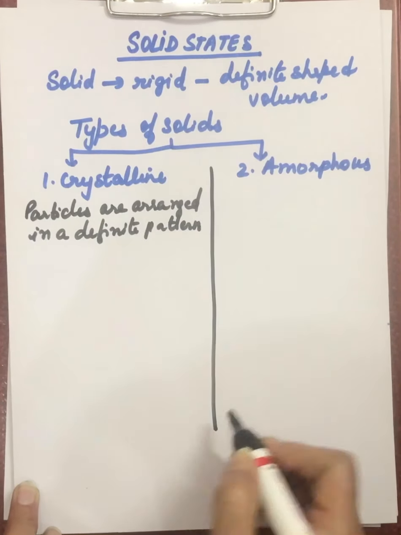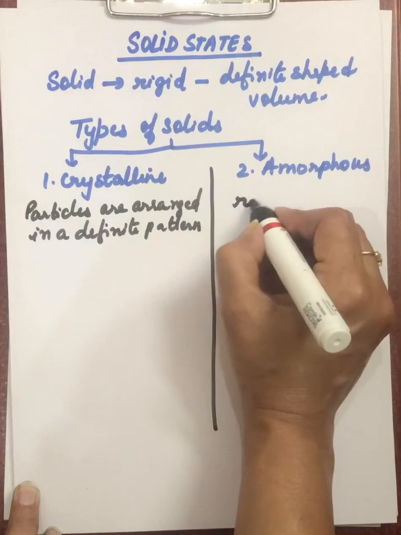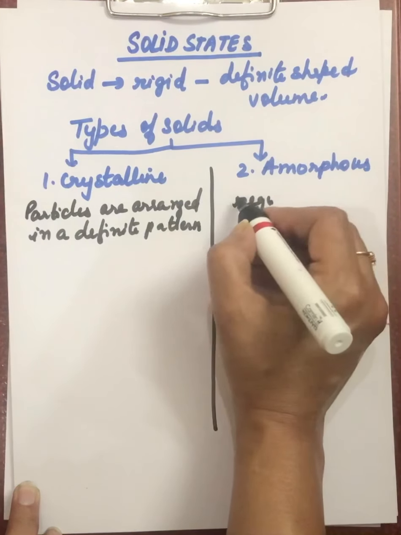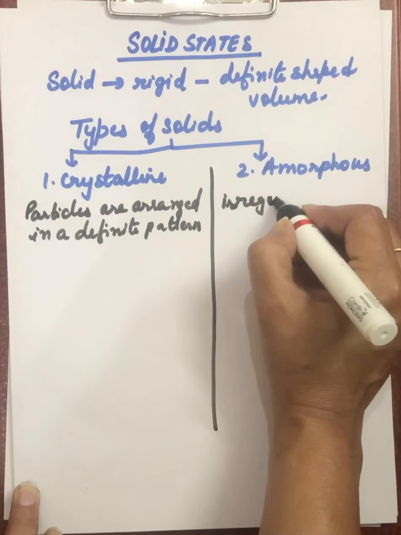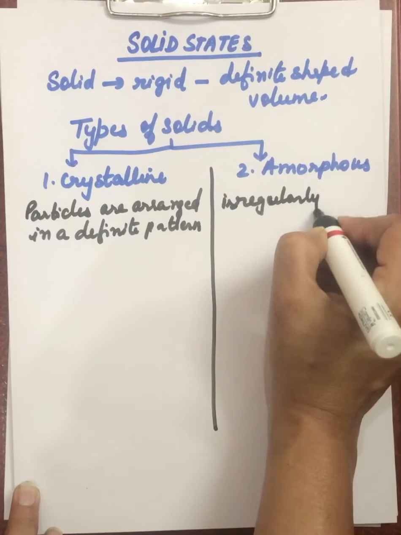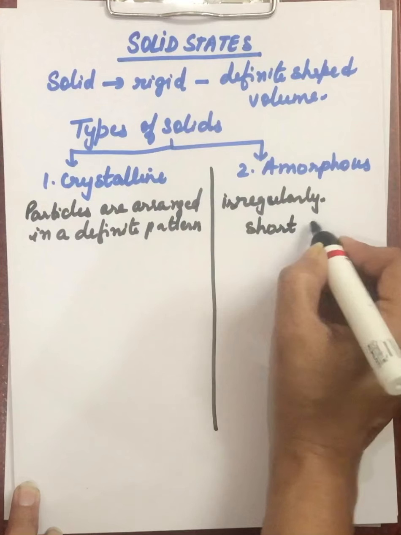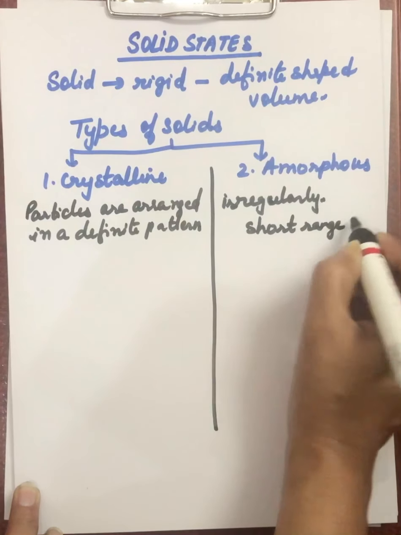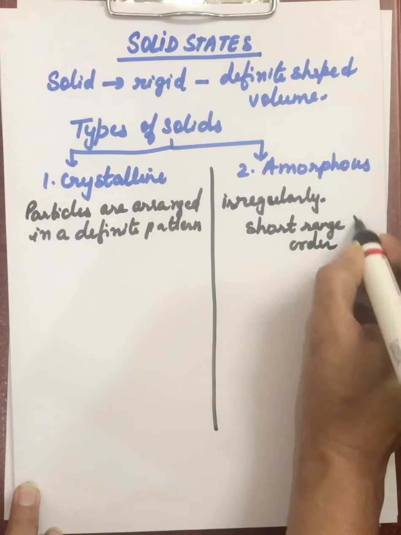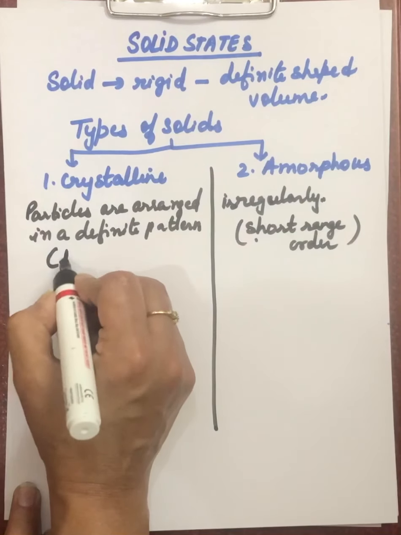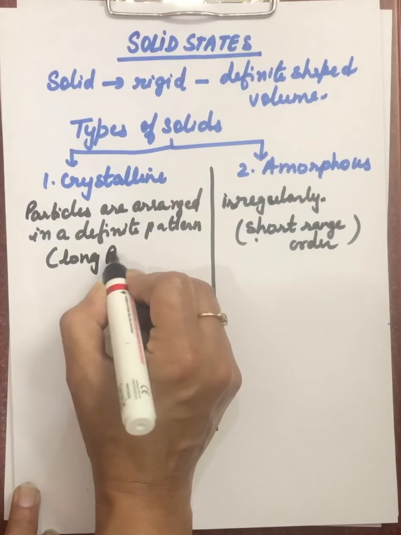While in amorphous solids, particles are arranged irregularly. So we can say that they show short range order, while crystalline solids show long range order.